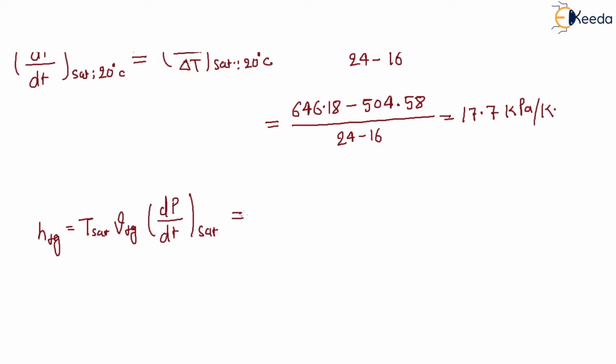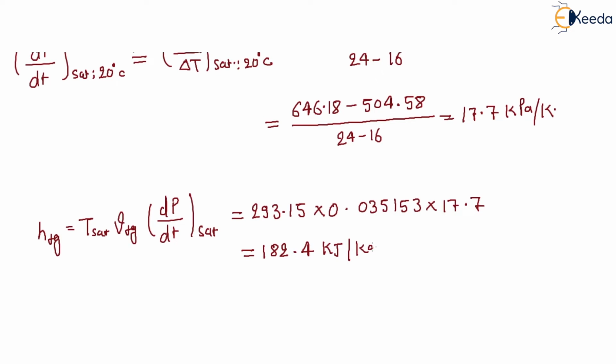So T is 293.15 Kelvin, V is 0.035153 specific volume, and dP by dT is 17.7. If you calculate all these values, this is 182.4 kilojoule per kg.